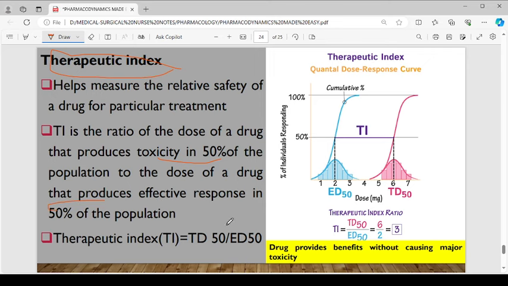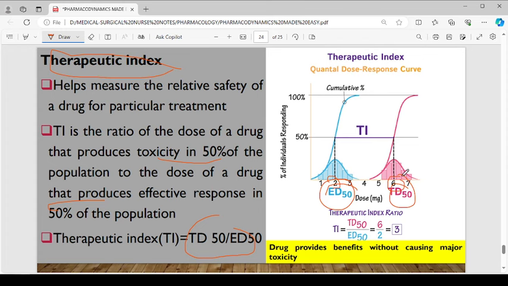If you want to get it, you simply divide the TD, the dose that is supposed to produce the side effects, by the ED, which we have said is the potency. So with TD over ED, in this case the side effects will start being produced at 6, and the dose effective in producing a 50% response is at 2.